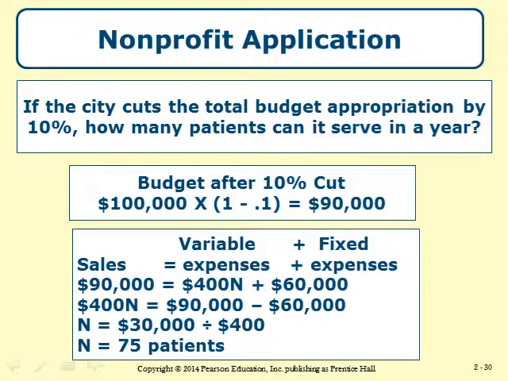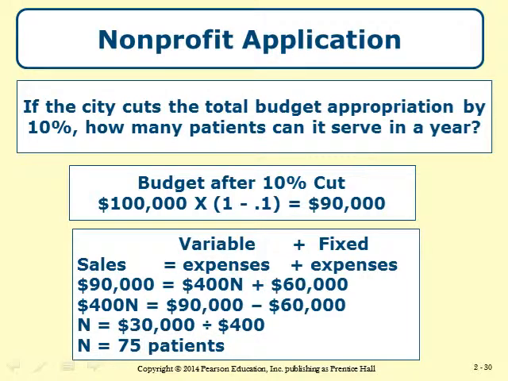And so what we're saying is that the city cut its appropriation by 10%, so the budget would then be $90,000, or $100,000 minus 10%, or $10,000. Based on a $90,000 budget, which we substitute for sales, assuming that fixed expenses remain the same at $60,000, we have variable expenses that then become $30,000.